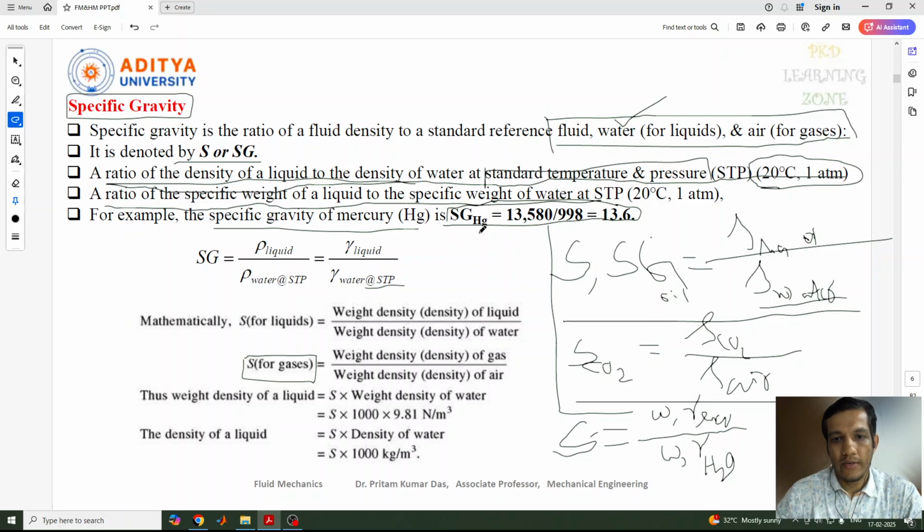So we need to calculate the specific gravity of mercury: Sg of Hg equal to density of mercury, 13,580, divided by the density of water, that was considered 998, or you can consider 1000, based on the temperature and pressure. Here you will get the value of 13.6. That is the specific gravity of mercury.